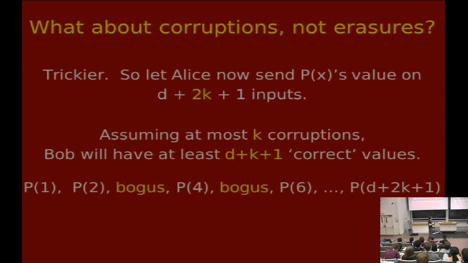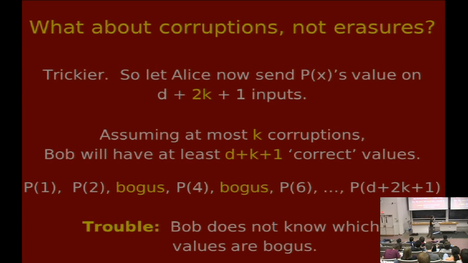He'll see p of 1, p of 2, then maybe some bogus value, then p of 4, another bogus value. But it's a problem because he does not know where those bogus values are. He just sees d plus 2k plus 1 numbers. He knows that most of them are right, but he doesn't know which ones. So it's a little tricky.